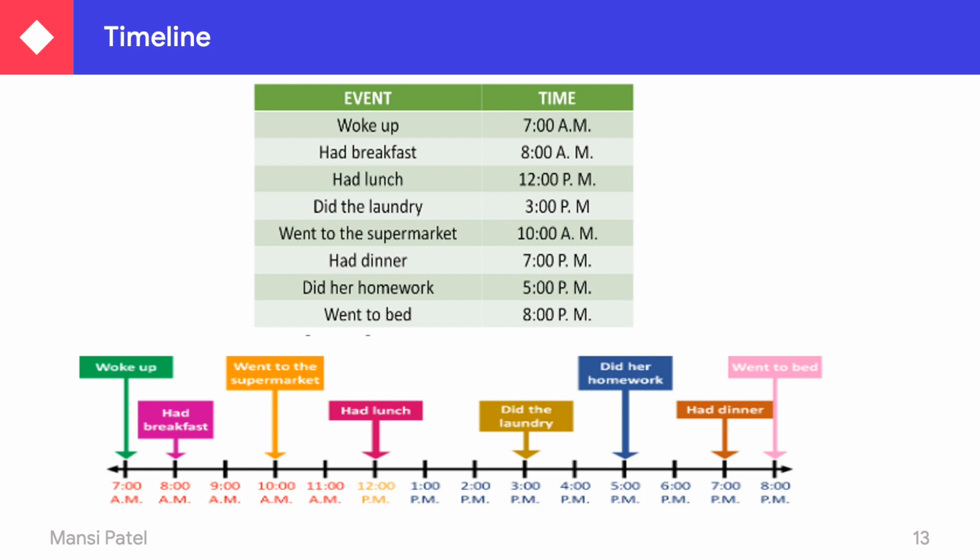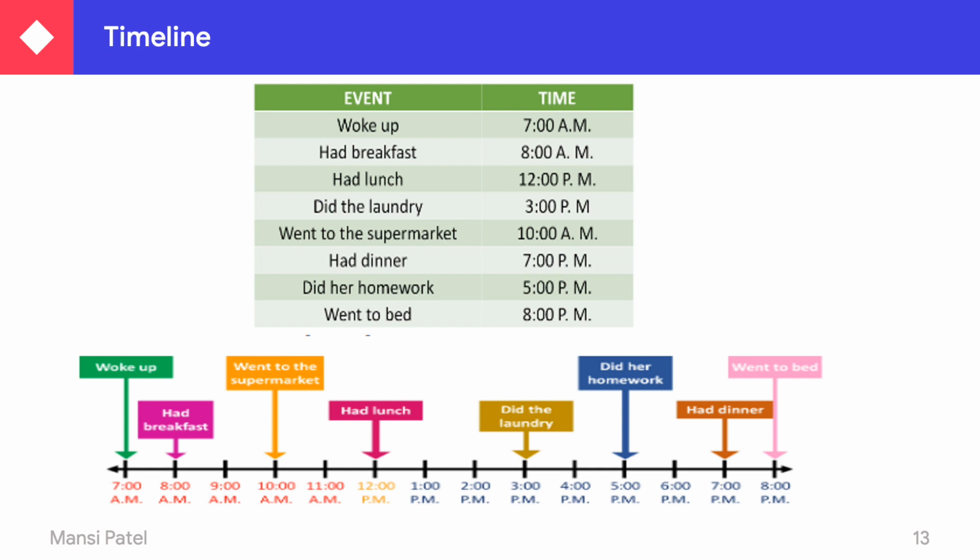It starts from 7 o'clock in the morning, so write down all the times from 7 o'clock in the morning till 8 o'clock at night, and write down the names of the events which come at that time. At 10 o'clock he went to the supermarket, and by 12 o'clock he had his lunch. So at 12 o'clock write down had lunch. After that, by 3 o'clock, did the laundry.